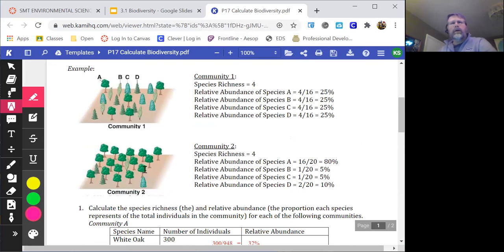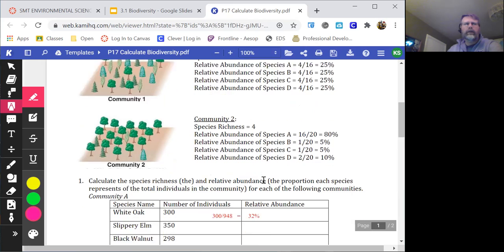Here they took another quadrat of maybe another part of the mountain, and they see that one species is more present and some of the other species are less present. Still, 4 different kinds of trees are present, so the species richness is still 4, but the relative abundance has changed dramatically.